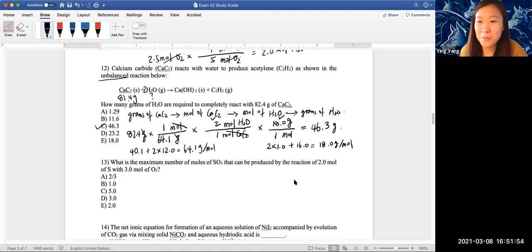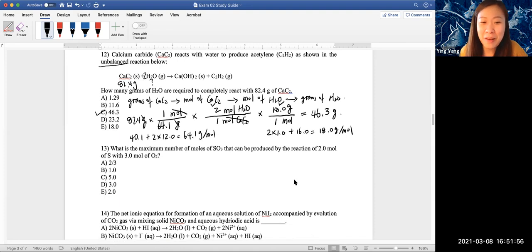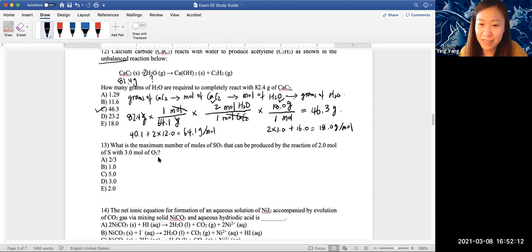Okay, last question, which is simpler. What is the maximum number of moles of SO3, sulfur trioxide, that can be produced by the reaction of 2 mole of sulfur with 3 mole of oxygen? Okay, this question is slightly different. First, we need to figure out what kind of chemical reaction it is, right?